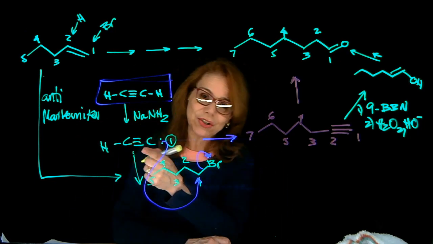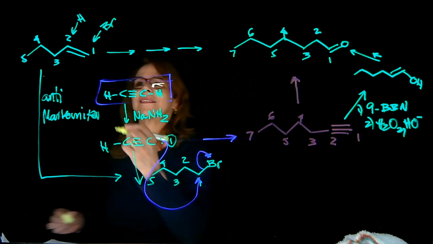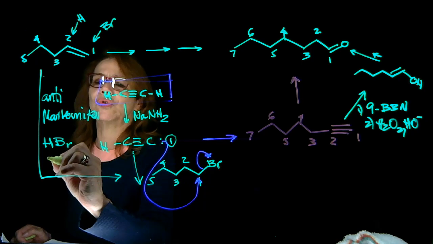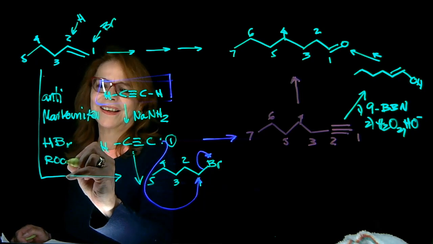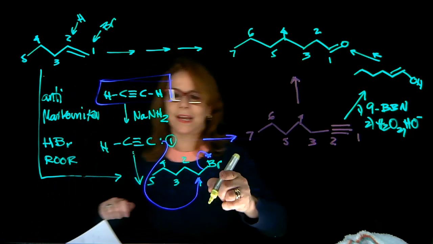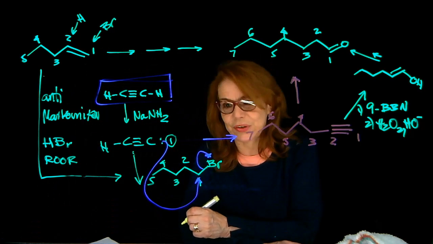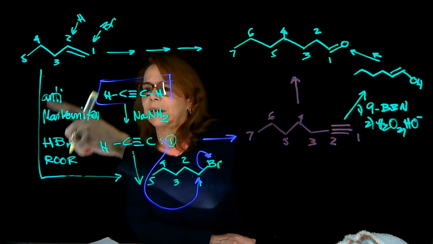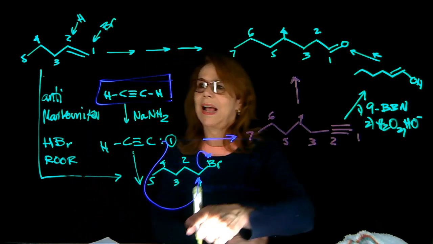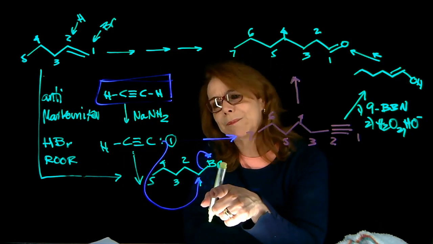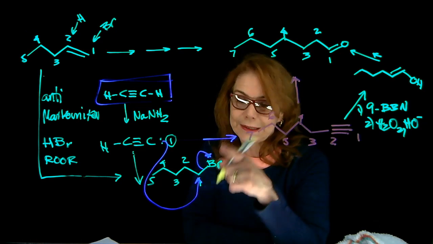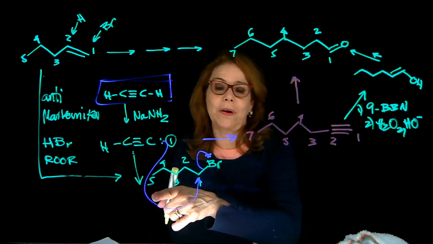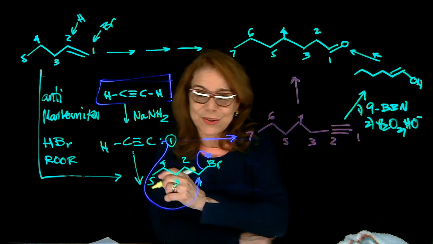Therefore, what reagent do we need to use to accomplish that? I'm going to add HBr, but I need to use peroxide to ensure the right selectivity of that reaction. So from the alkene, doing an anti-Markovnikov hydrohalogenation, I get the following alkyl halide, and it's got the 5 carbons I need, plus these 2.